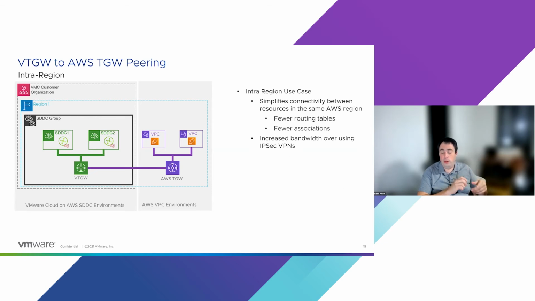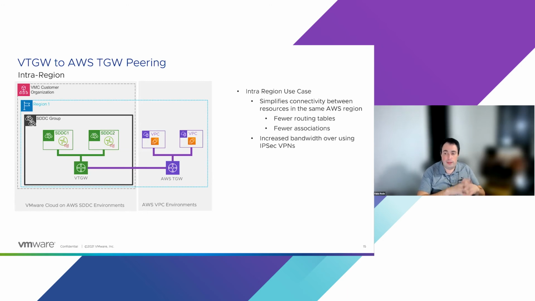And one of the things that is really good is that all of you, if you are already using VMC on AWS, don't have to wait for the latest update. If you have any business need to use this kind of connectivity, just reach out to us. It is available also for customers that are not on the latest version, so we can work with you. Customer Success will help you get that feature enabled.